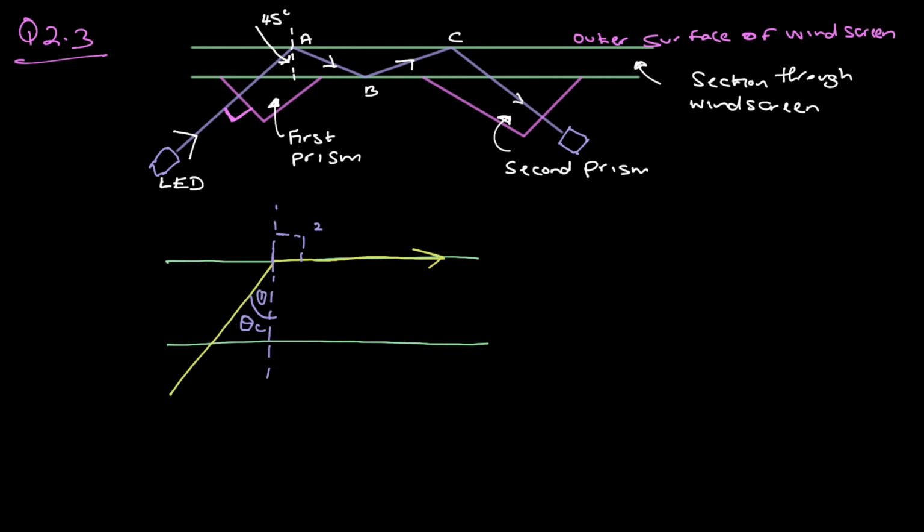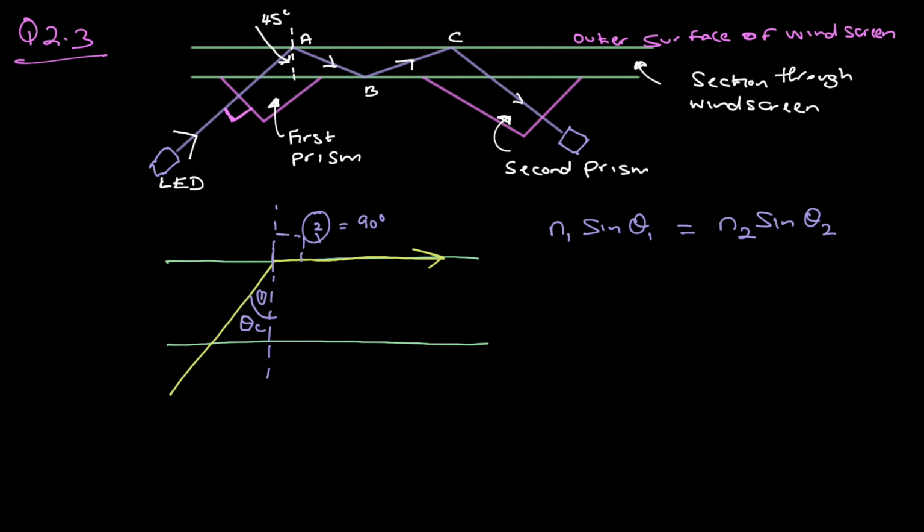We know that theta 2 here is 90 degrees, because that's what happens at the critical angle, and theta 1 is what we're looking for. So we can apply Snell's law, which says n1 sine theta 1, where theta 1 is the critical angle we're looking for, equals n2 sine theta 2.